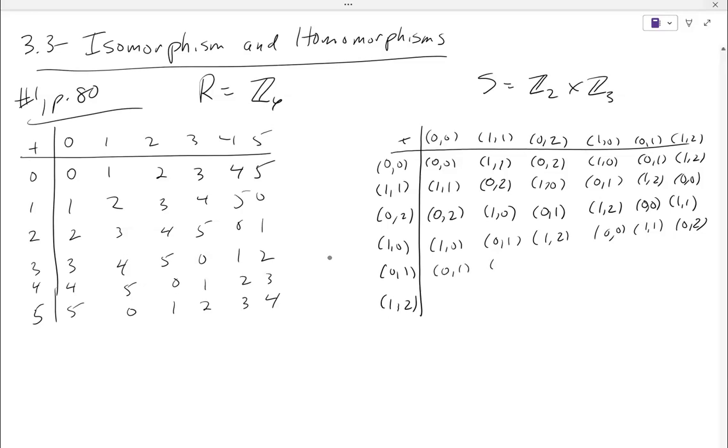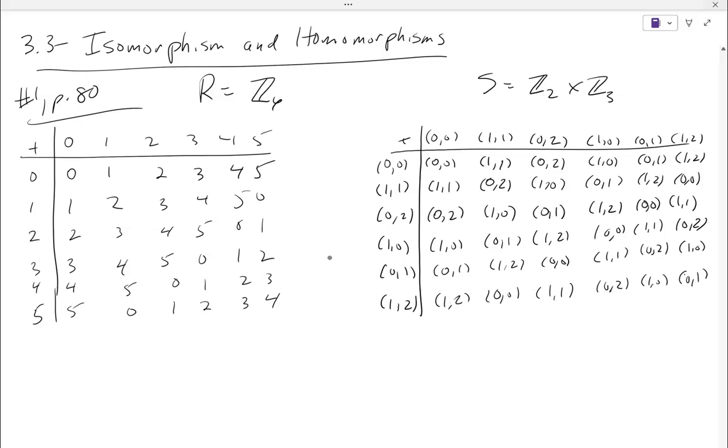Then 0, 1, 1, 2, 0, 0, 1, 1, 0, 2, 1, 0. Then finally 1, 2, 0, 0, 1, 1, 0, 2, 1, 0, and 0, 1.